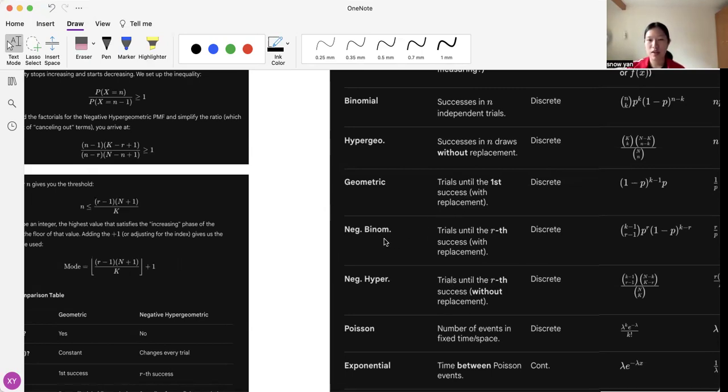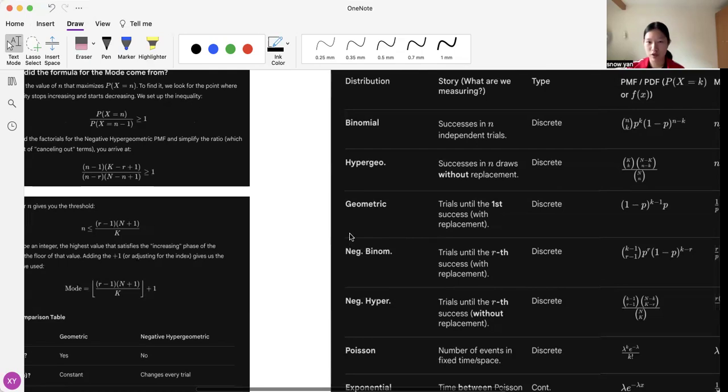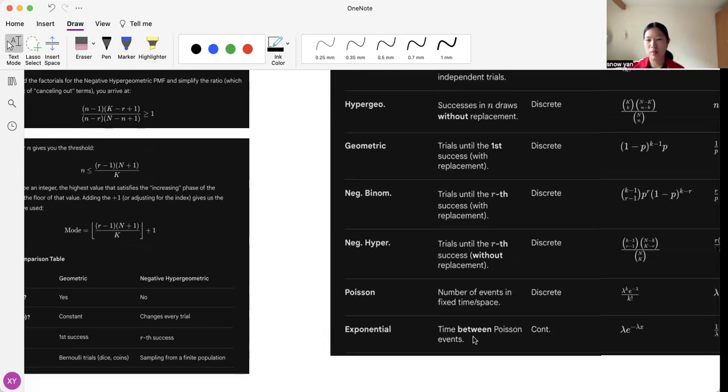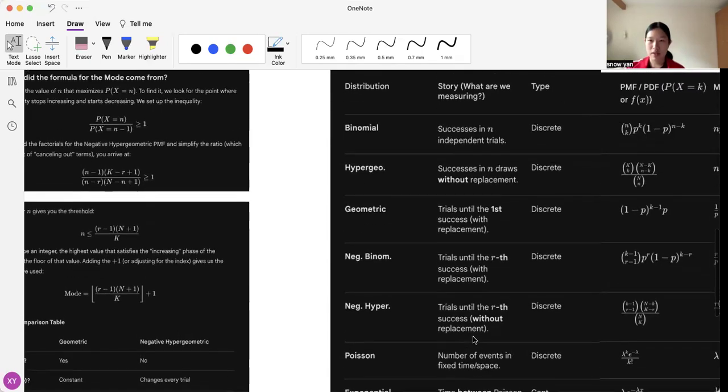Negative binomial is trials until the rth success with replacement. So negative binomial is just the extension of geometric up to the rth success. And negative hypergeometric is basically geometric without replacement. So that's the relationship. And Poisson is the number of events in a fixed time or space, and exponential is the time between Poisson events. So that's kind of it.